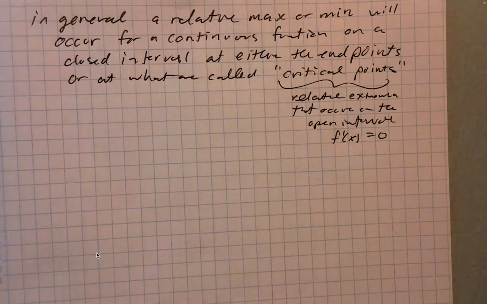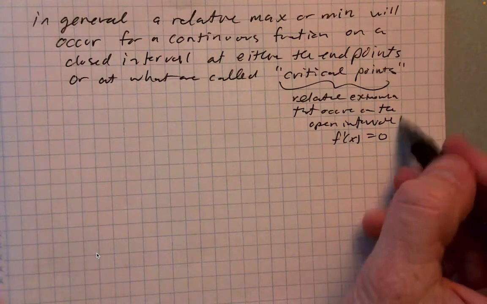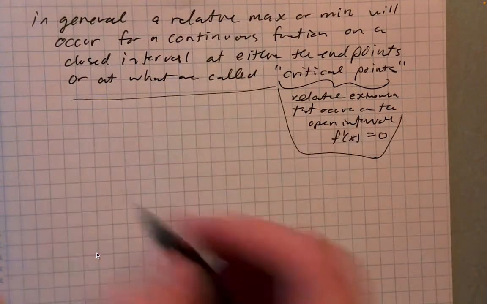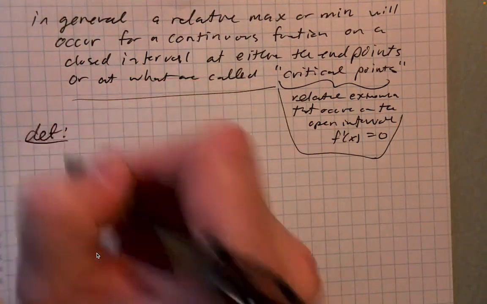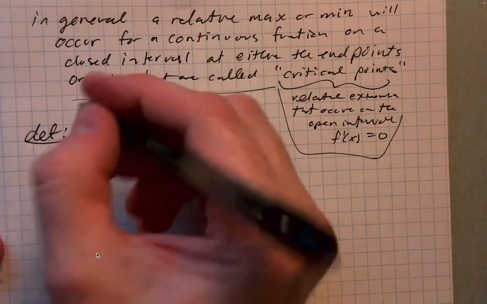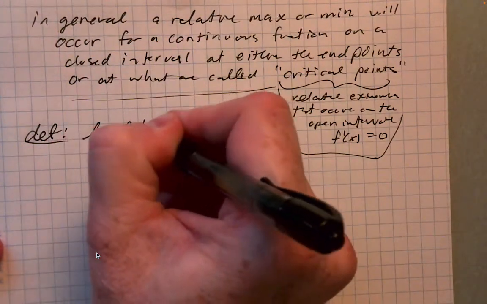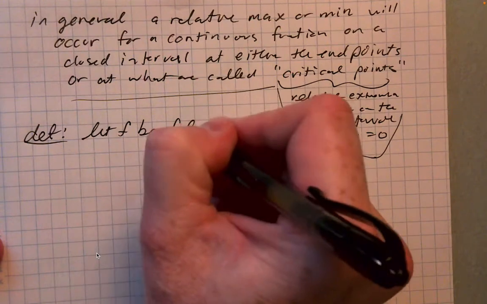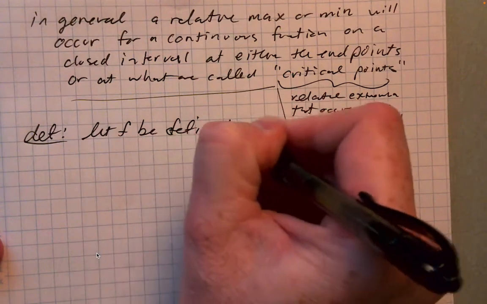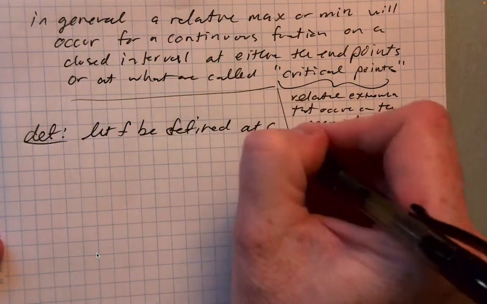So although this is technically a little bit incomplete as well, let's clean this up even further. Let's throw out a definition for critical points. So let f be defined at c.